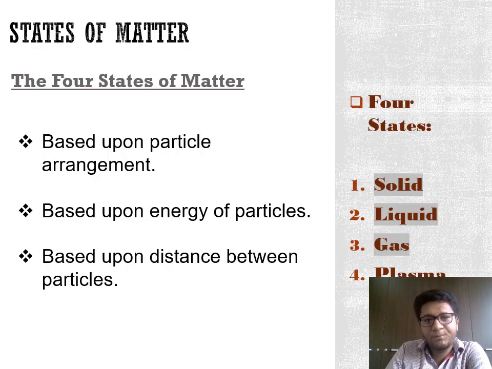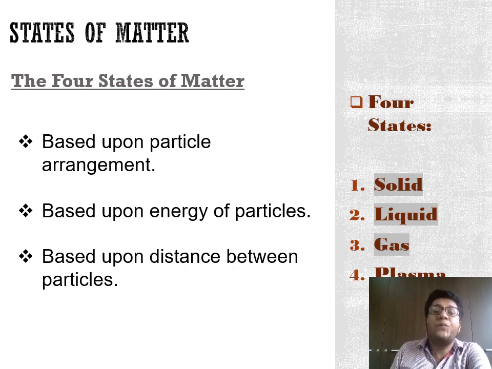Let's begin. There are mainly four states of matter. What are they? Solid, liquid, gas and plasma. But the main three of them are solid, liquid and gas. As you can see, I have highlighted them in the list. What are the parameters or attributes which cause the different states of matter?